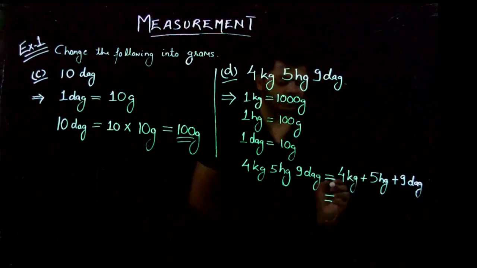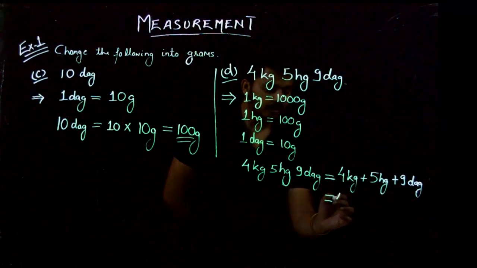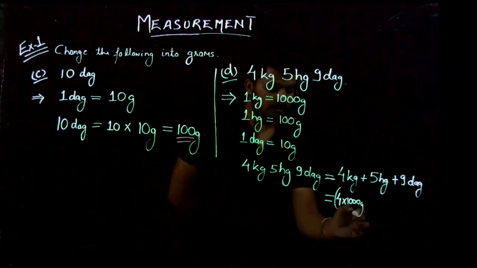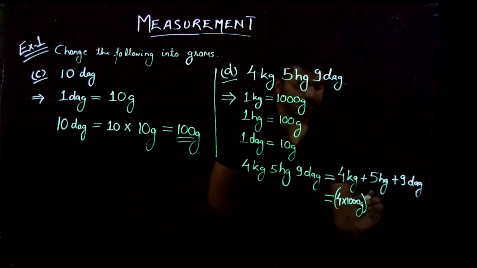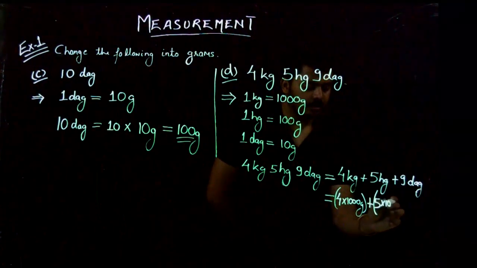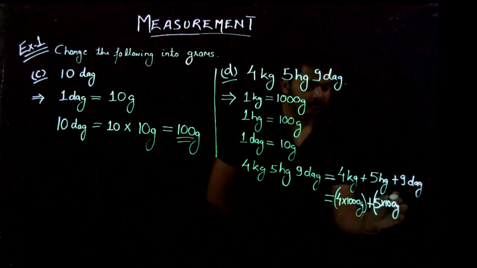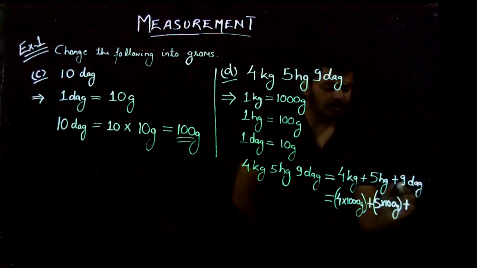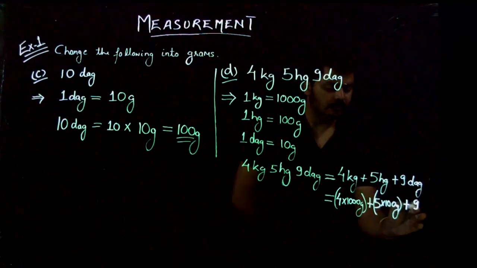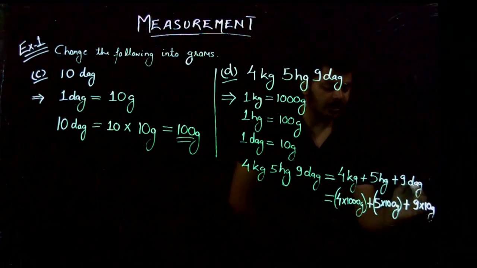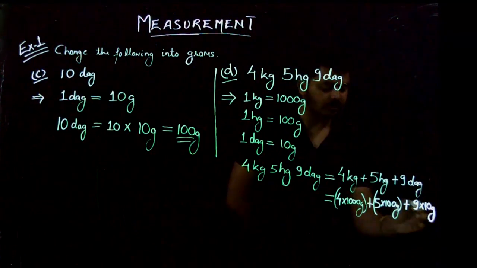Now 4 kg can be converted by 4 multiplied by 1000 gram. Now 5 hectogram can be converted by 5 multiplied by 100 gram, as 1 hectogram is equal to 100 gram. Similarly, 9 multiplied by 10 grams, as 1 decagram is equal to 10 grams.